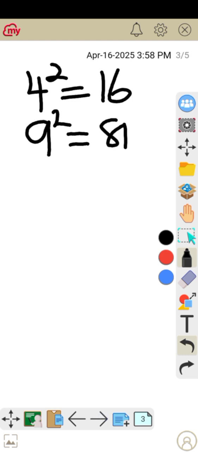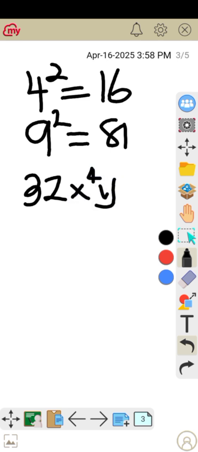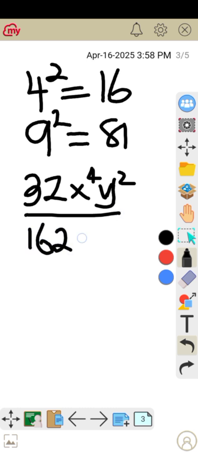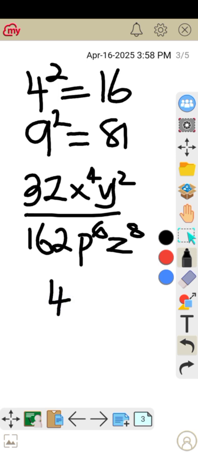All right, in place of 32, x raised to the power 4 y raised to the power of 2 all over 162 p raised to the power of 6 and z raised to the power of 8. So in place of 32, after doing all the processes, I can put 4 raised to the power of 2.